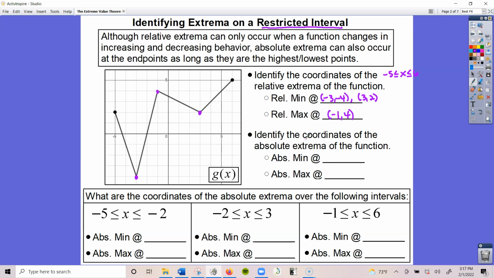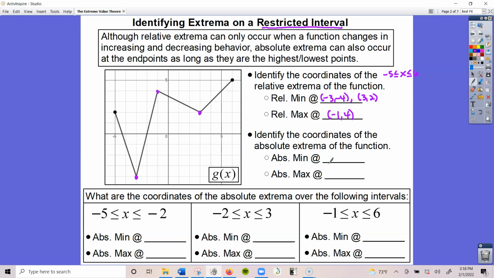For the coordinates of the absolute extrema, when you are given a restricted interval, your absolute extrema can occur, like we saw in the previous slide, on your relative extrema or at the endpoints, because we're looking for the absolute highest or lowest points possible. And these endpoints here, since it doesn't go up to infinity, we don't have to worry about there being -infinity, infinity as extrema, because that's impossible.